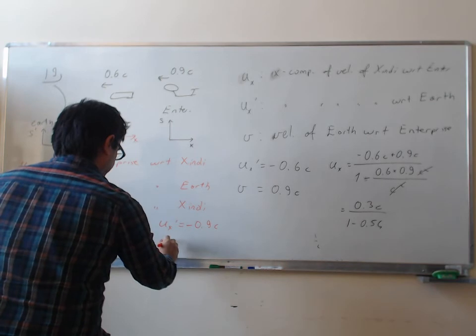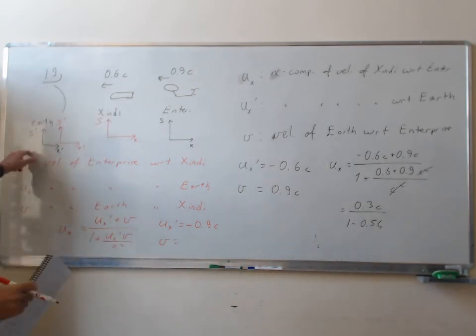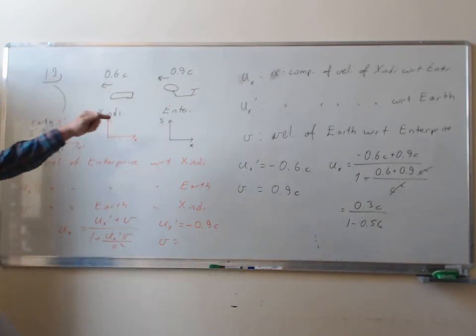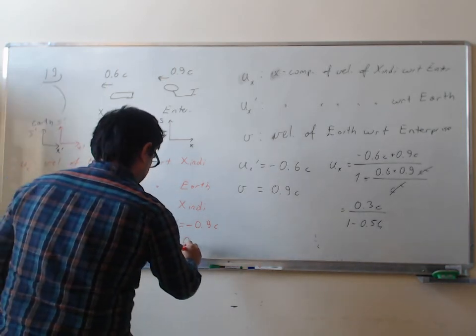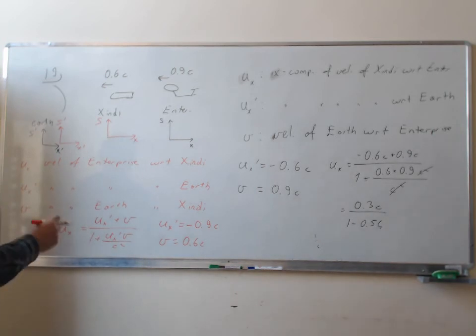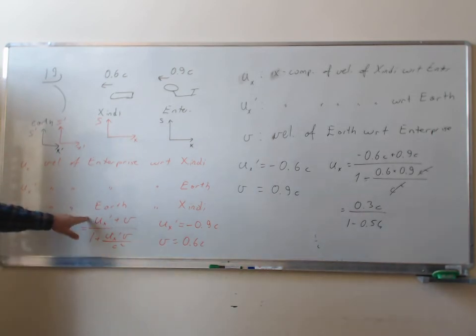And v is the velocity of Earth with respect to the Zindi that is going this way. It's in the positive x direction, and it's 0.6 c. And again, if you plug numbers in the numerator, you're going to get a minus 0.3 c.